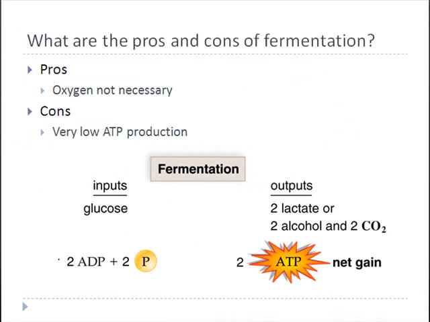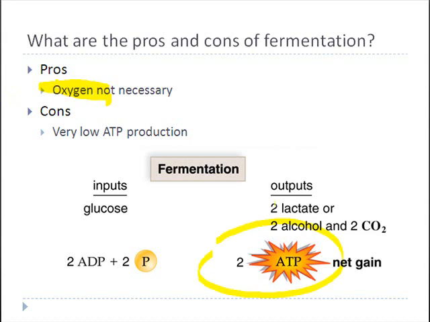So what are the pros and cons of fermentation? Well, probably the single only advantage to it is it does allow cells to make molecules of ATP even when oxygen is not present. That's about the only advantage. There are big drawbacks to it, though. You only get 2 ATP total that you make out of breaking apart a glucose molecule. That's a very low amount of ATP produced.